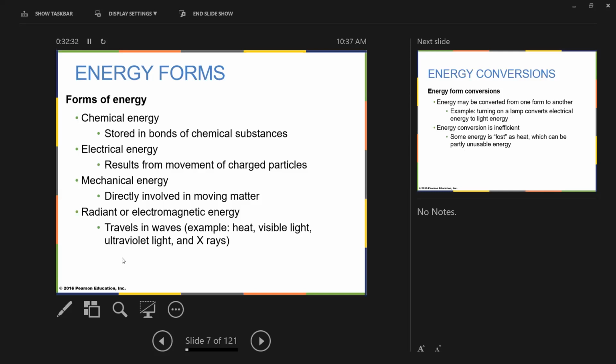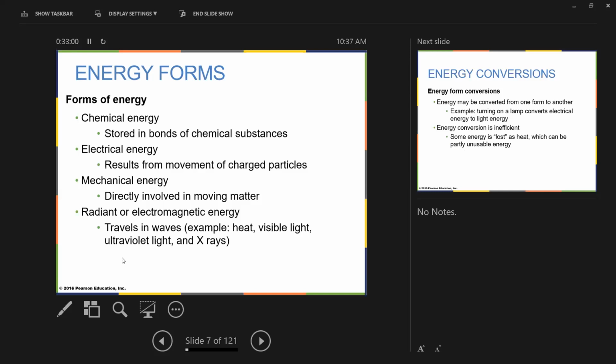We depend on ultraviolet light, sunlight, to stimulate the production of vitamin D in our skin. So we are very, very dependent on radiant energy and electromagnetic energy in our bodies. We depend on that for a lot of things.